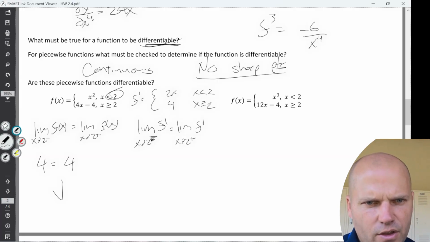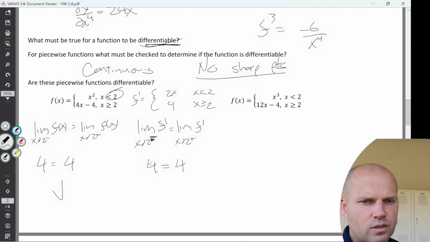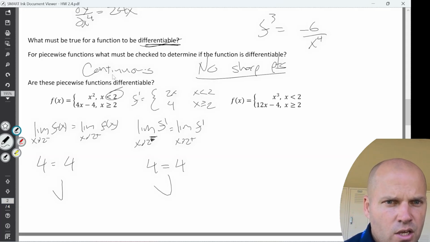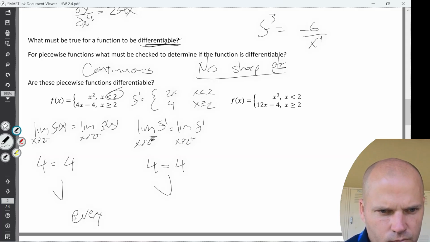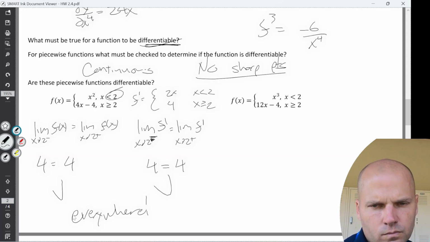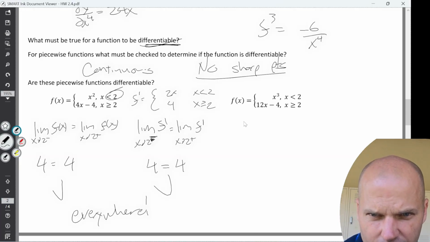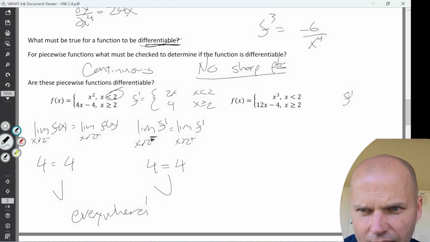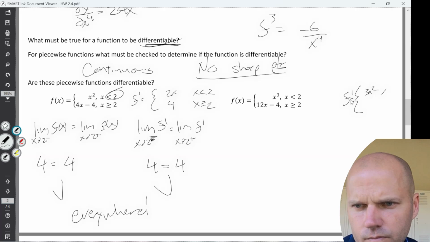Because 2 is the important value, we realize that the slopes are also equal to 4, which is the same as the function value. So we would say this piecewise function is differentiable everywhere. Let's look at this guy. I have the function and I have its slopes.